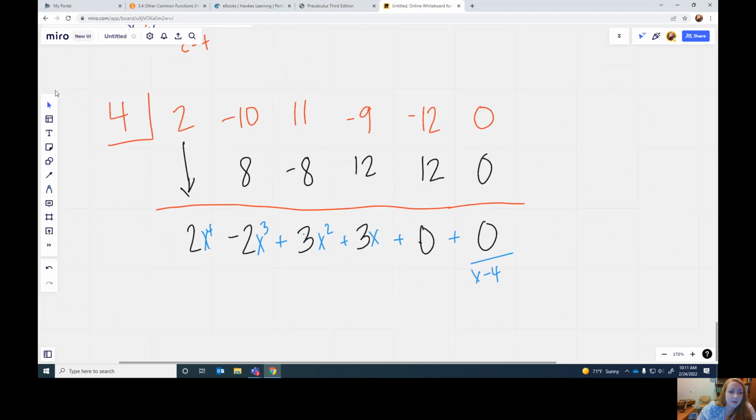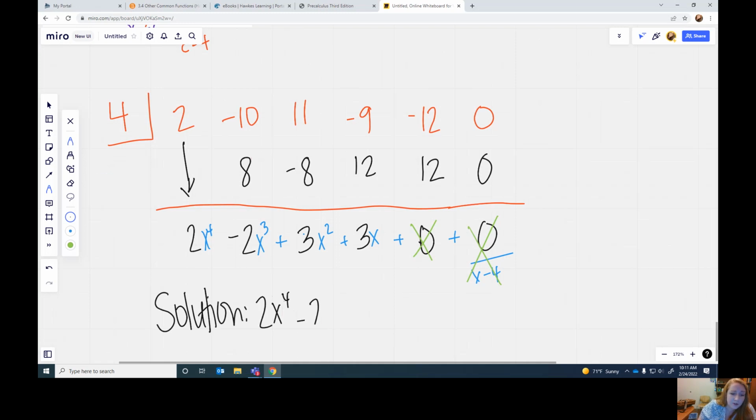Yes. All right, so again, we do not have to write the ones that have a 0 as the coefficient. So you can take out that constant term, take out the remainder, and now here's our solution. 2x to the fourth minus 2x cubed plus 3x squared plus 3x. That's it.